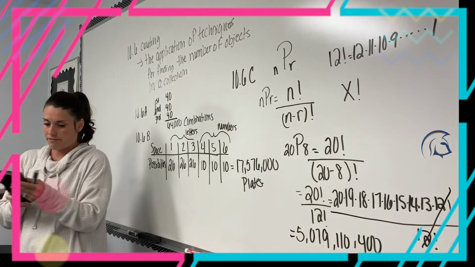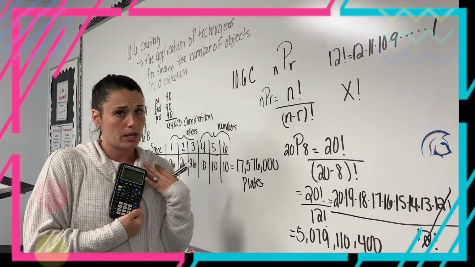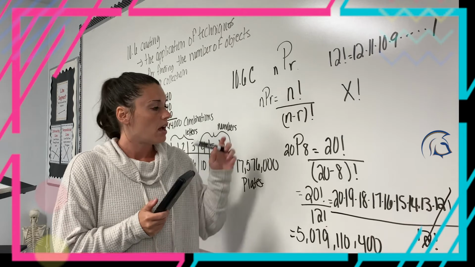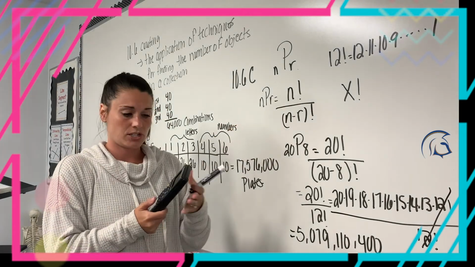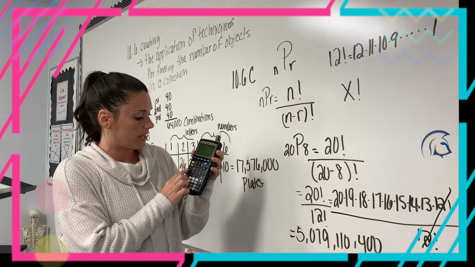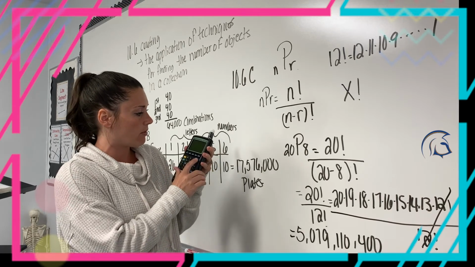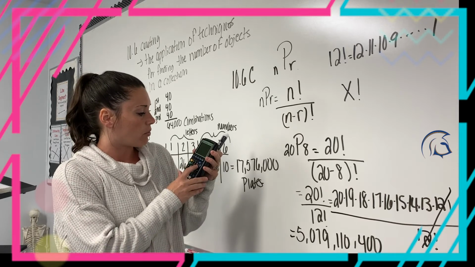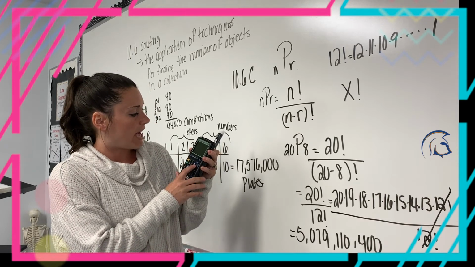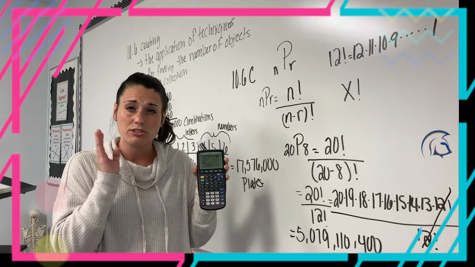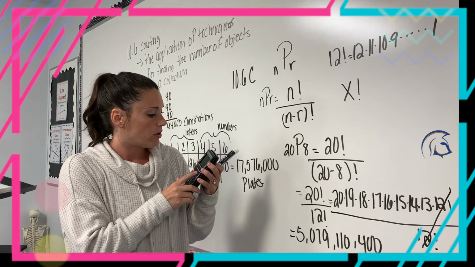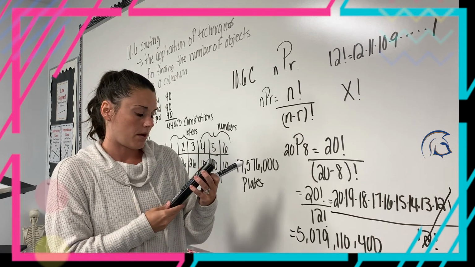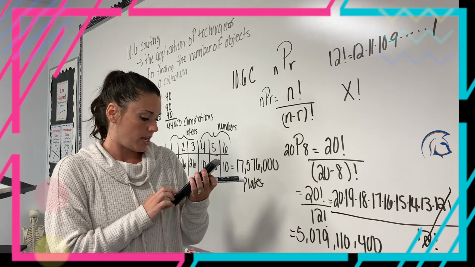If you have a TI-83 or 84, it should be the same. To find permutations in your phone or in your calculator, you hit your math button and go all the way over to the PRB button, and then you can go right down and find your factorial button, which is 4, or you can use your permutation button, which is super easy.